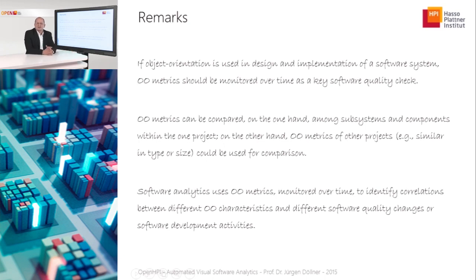So software analytics likes to take into account object-oriented metrics, and due to the importance of object orientation for the development of today's systems, object-oriented metrics represent one key source of information about a software system and its development and evolution.